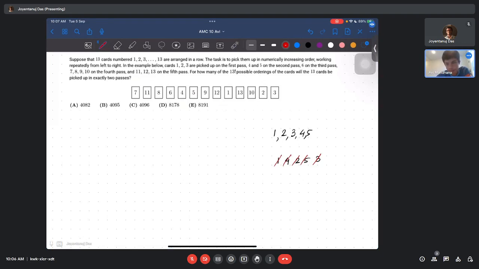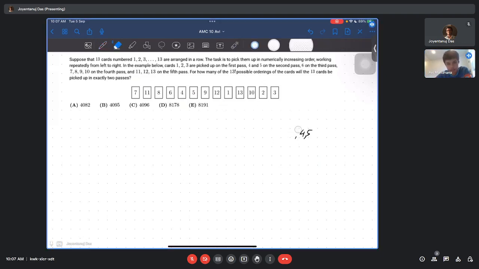Let us go through the example once again. I am trying to show you in a shorter example, not with 13 cards. Suppose you have 5 cards, okay, let us take 6 cards. Suppose I have a random arrangement. This is the arrangement of the cards I am given.